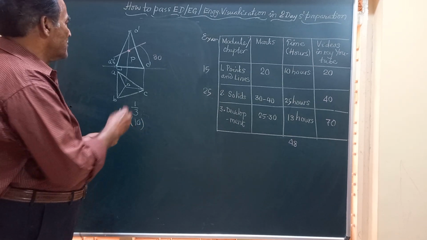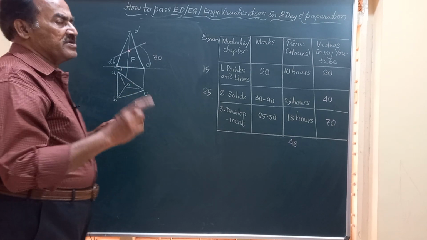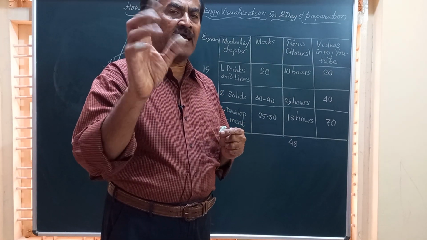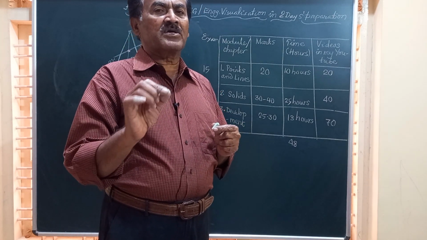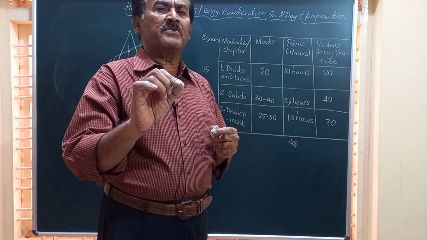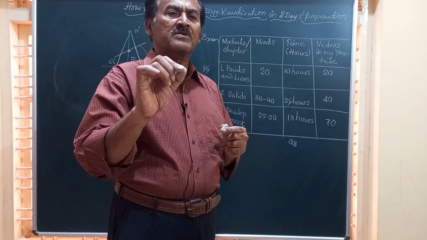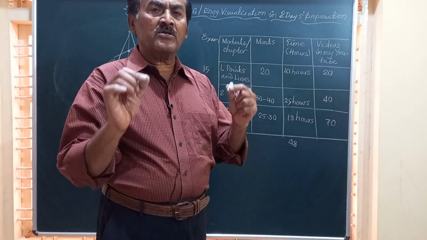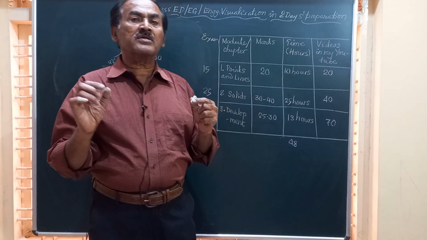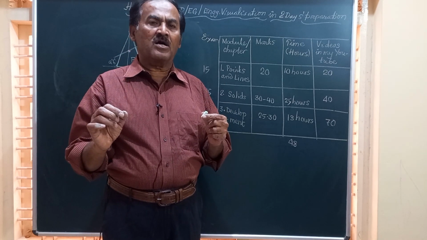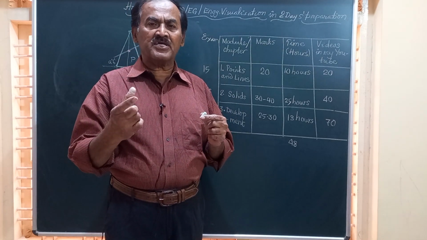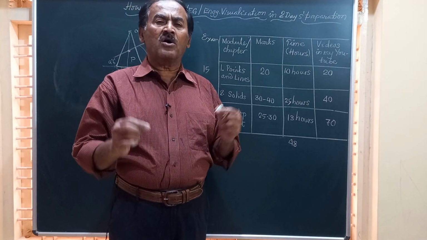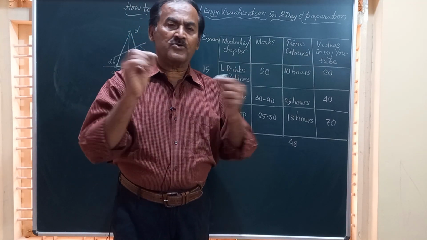Now friends, for all these pyramids basically you need to know the true length of the slant edges, because in all the developments of pyramids, prisms, cones and cylinders, whatever it may be, they are drawn to the actual dimensions of the solid or true length, whether it is a base edge or a slant edge or a longer edge in case of prisms, all of them should have the true length.